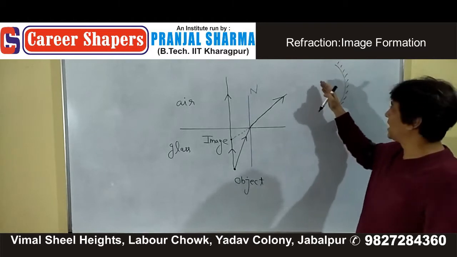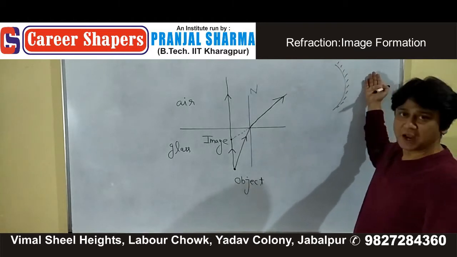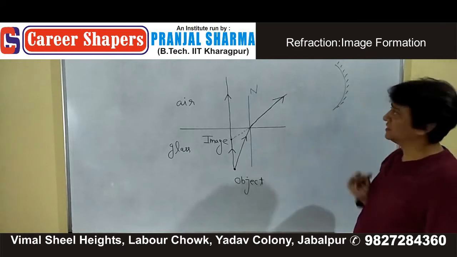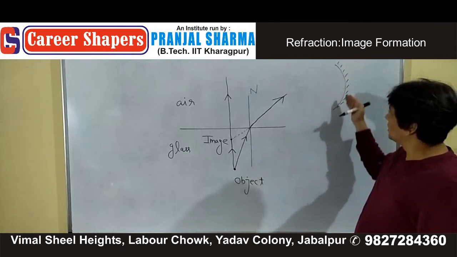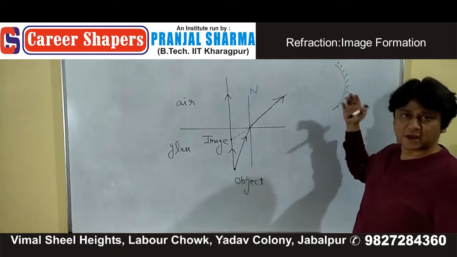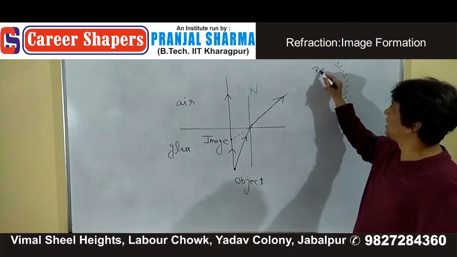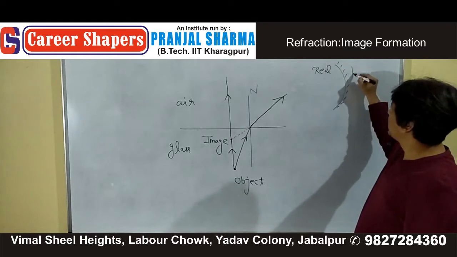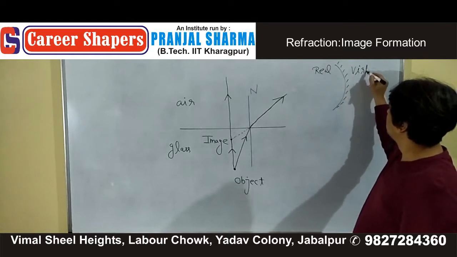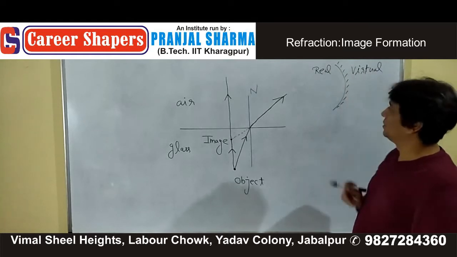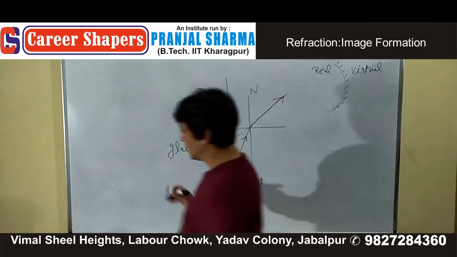There is no way you can place an observer behind. It doesn't make any sense. For any type of mirror, we used to say front side is what? Real. Back side is what? Virtual. It's very easy to define real and virtual.